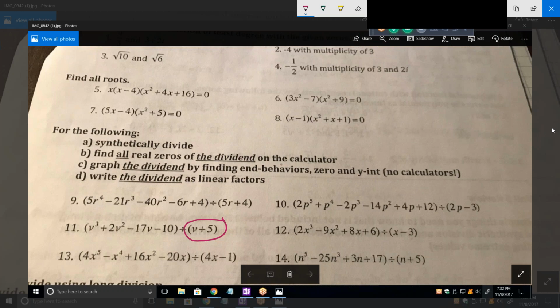Graph the dividend by finding end behaviors. What's the end behavior on 12? Start with the right-hand end behavior. So it'll go down on the right? What happens when you plug in infinity for x? What do you get? What's infinity?